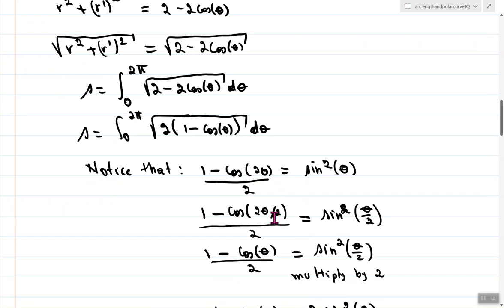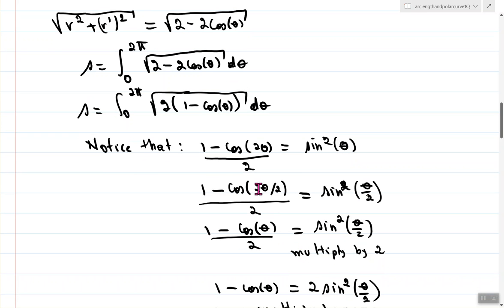If you divide 2 theta by 2, you get theta. Whatever you do with this angle, you should also do with that angle. So when I divide 2 theta by 2, I should also divide theta by 2. So 1 minus cosine theta all divided by 2 equals sine squared theta over 2.